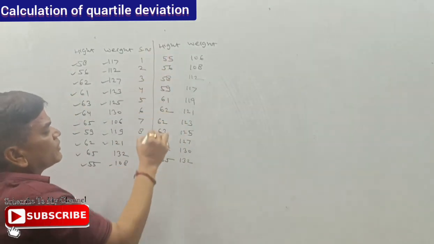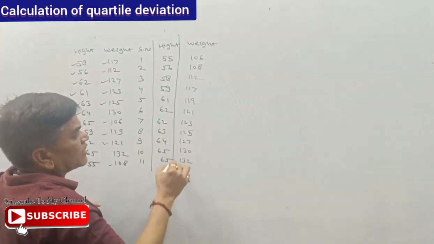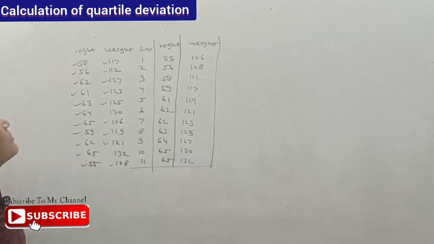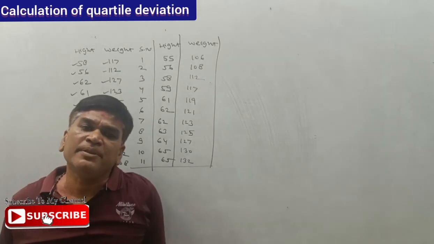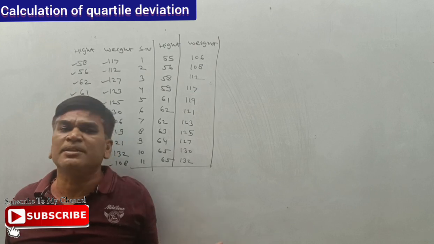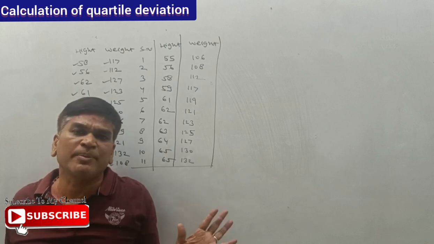What have we done? We have arranged the data of both series in ascending order. You can arrange in descending order also, no problem at all.